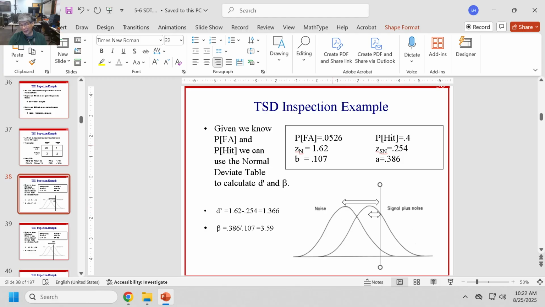So the D score, this threshold relative to the noise mountain is very long, and then the threshold to the signal mountain is very close.